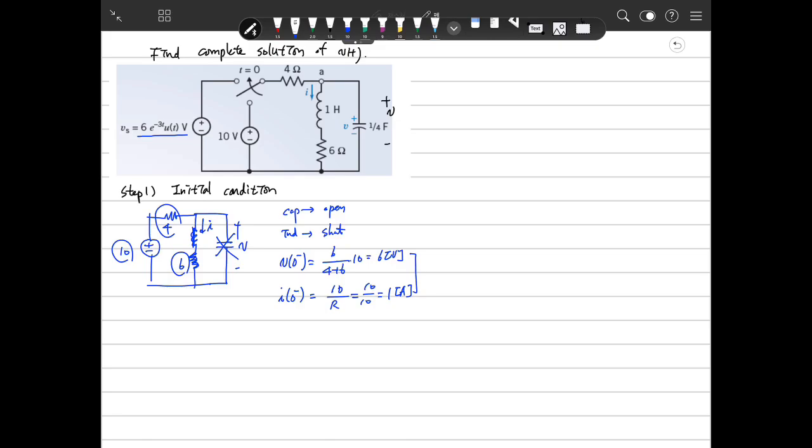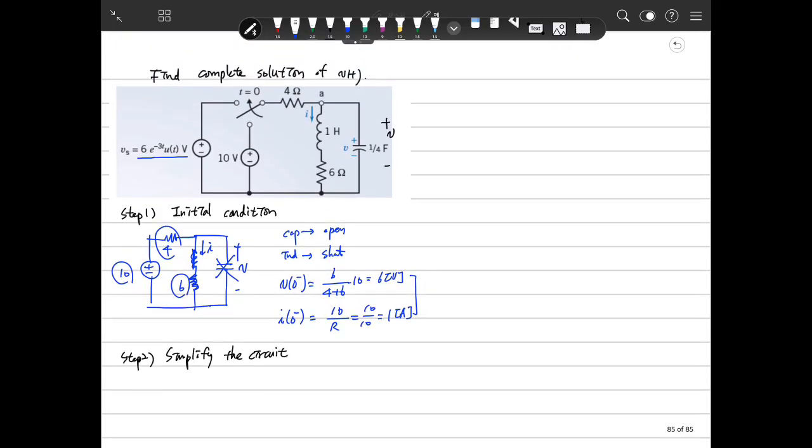Then step 2. We simplify the circuit. How can you do that?